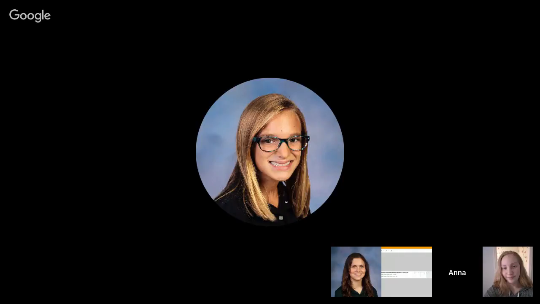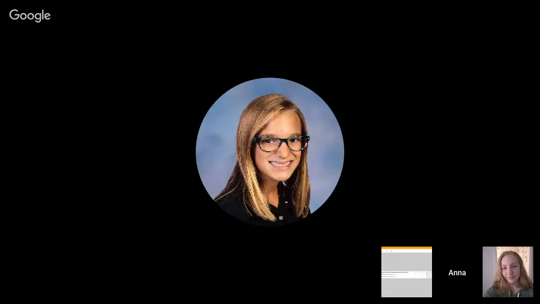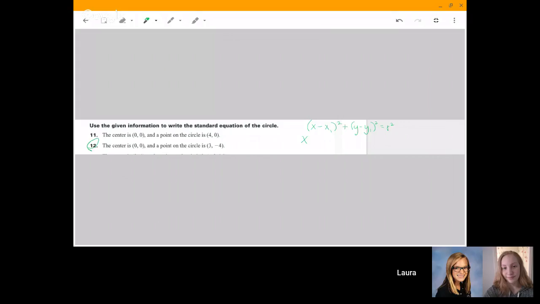It's r squared. So for number 12, if the center is 0, 0, do you remember what the left side of our equation is going to look like? Yes. x squared plus y squared. You got it. And then it tells you a point on the circle. So we don't know the radius.